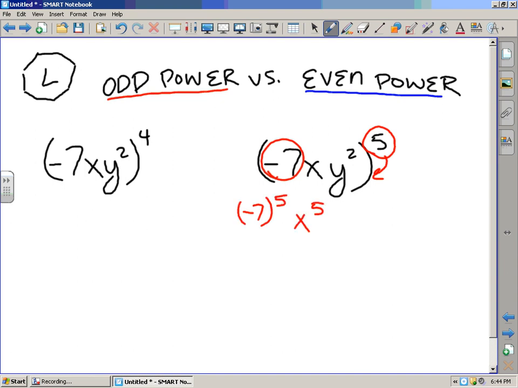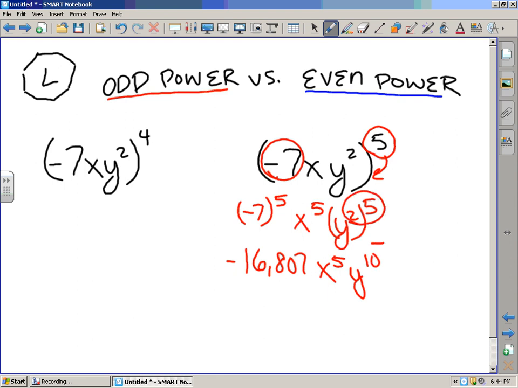The 5 goes to the x, and it goes to the y squared. -7 to the 5th power is equal to -16,807. Power to a power you multiply. And again, this was a negative number because we had an odd exponent and a negative number to begin with.